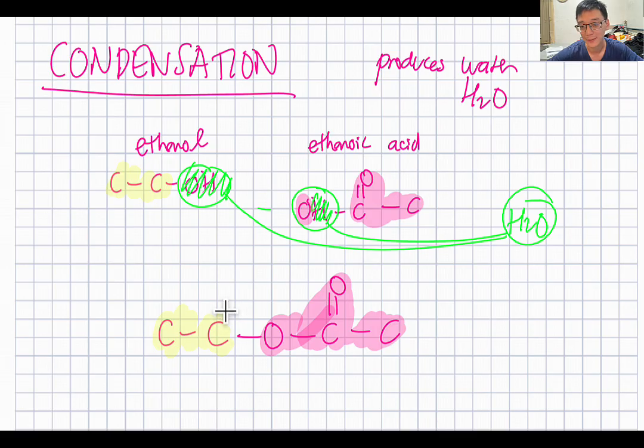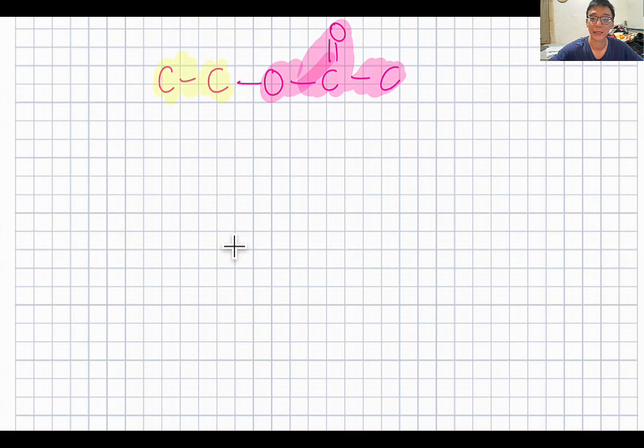It's not a polymer, because a polymer is a larger molecule composed of repeating single units, but this is just one process, one step only. Ethanol and ethanoic acid become ethyl ethanoate. For it to be called condensation polymerization, the reaction must be able to continue indefinitely.